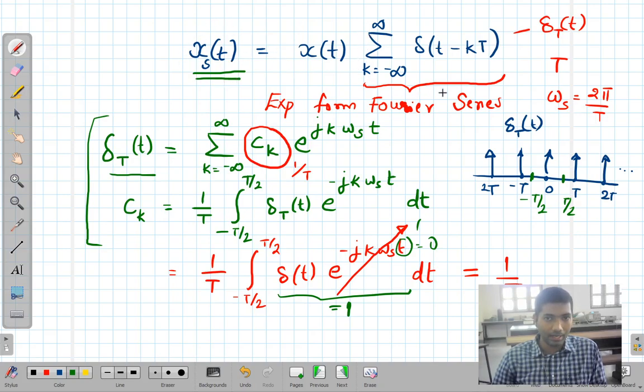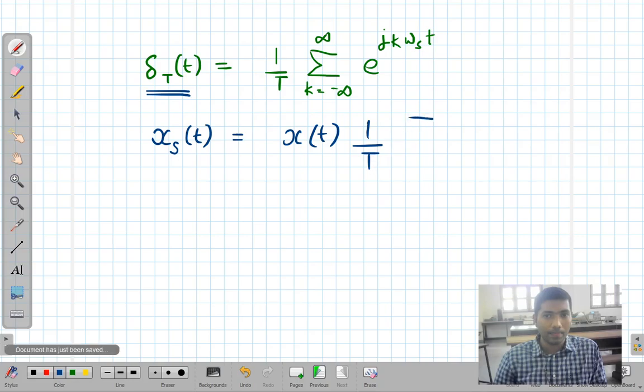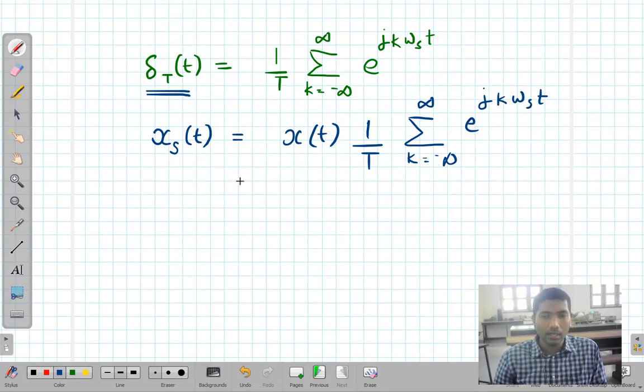So we have obtained this as 1 by T, summation e raised to j k ω_s t. Let me rewrite x_s(t), the sampled signal, as x(t) multiplied by this signal, which is 1 by T, summation k equal to minus infinity to infinity, e raised to j k ω_s t.